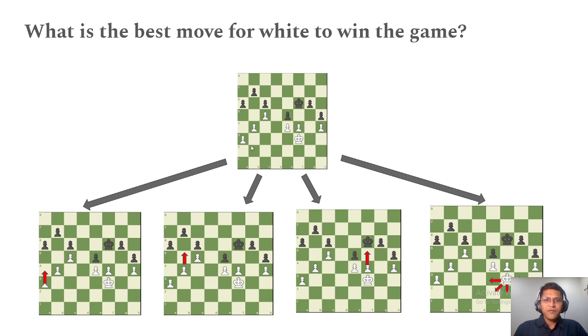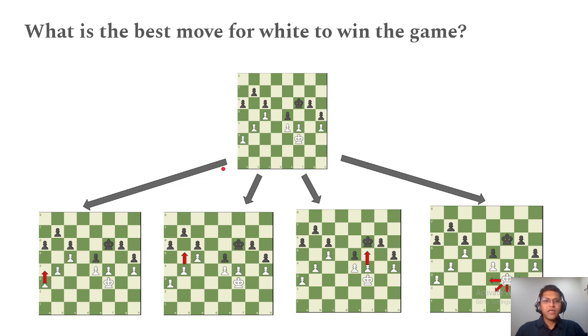and you are in the middle of the game, and this is the current board position. At this board position, white to move, and what is the best move for white? What is the best move for white?